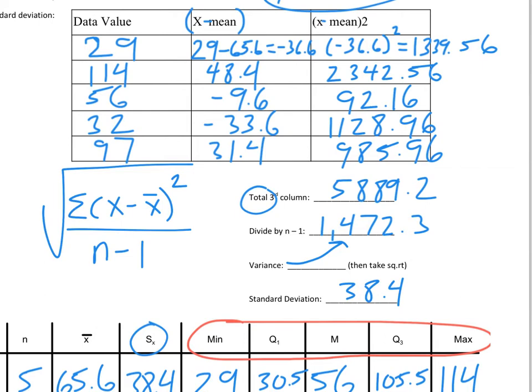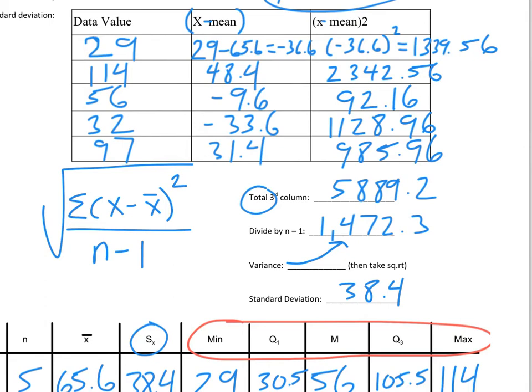Standard deviation is by far our preferred and favorite measure of spread. Okay? When we can get it, we want it. We'll always get it from the calculator. Okay? But I think it's really good for you to see how it works, so you can understand what it measures. The average distance of each point away from the mean.